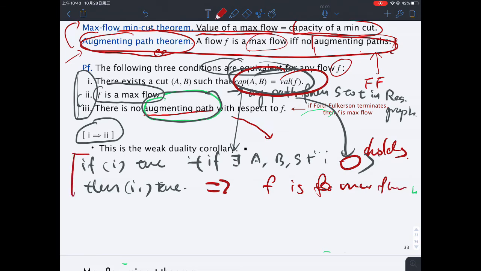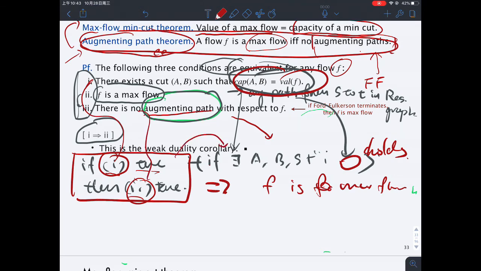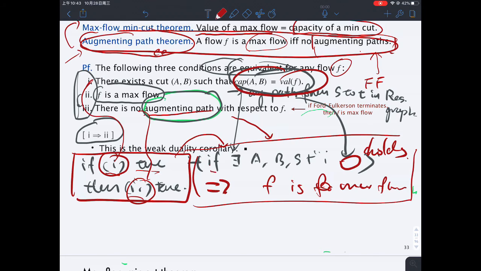So this is abstractly what we need. If 1 is true, the second is true. If we unfold the statements of 1 and 2 to get out what we really want, basically this is the statement: if there exists A and B such that the capacity of A and B is equal to the value of F, then we know that F is max flow.